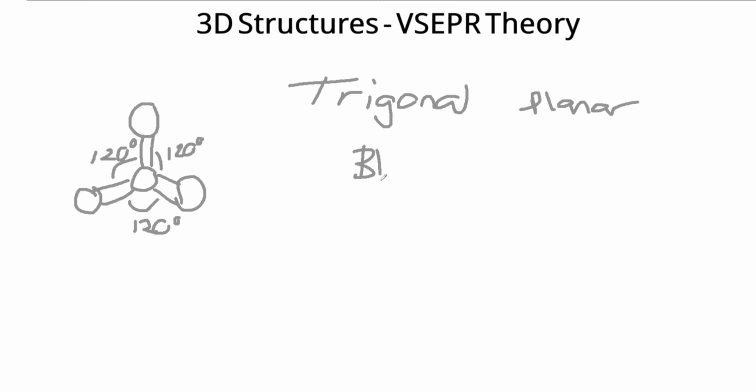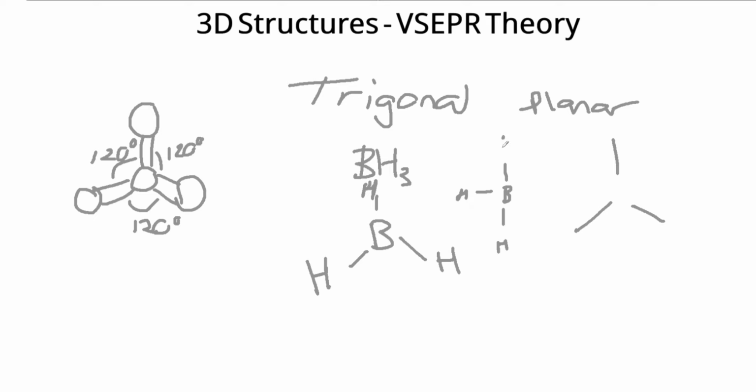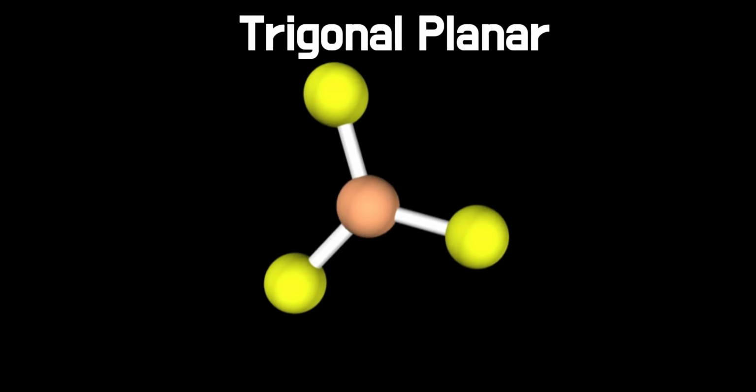Now, an example is BH3, where in the Lewis structure you have your boron in the middle and you can draw your hydrogens. That would be your VSEPR shape, trigonal planar. But you have to draw the angles, so you can't draw it like this. You have to put in the angles. This is how it would look in 3D.